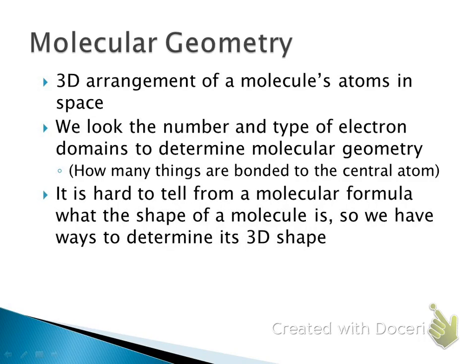So when we're looking at molecular geometry and we're trying to figure out the three-dimensional shape of an object, it's pretty hard to tell just looking at its formula. If we look at a water molecule, or H2O molecule, it doesn't give us a very good indication of what its three-dimensional shape might be.